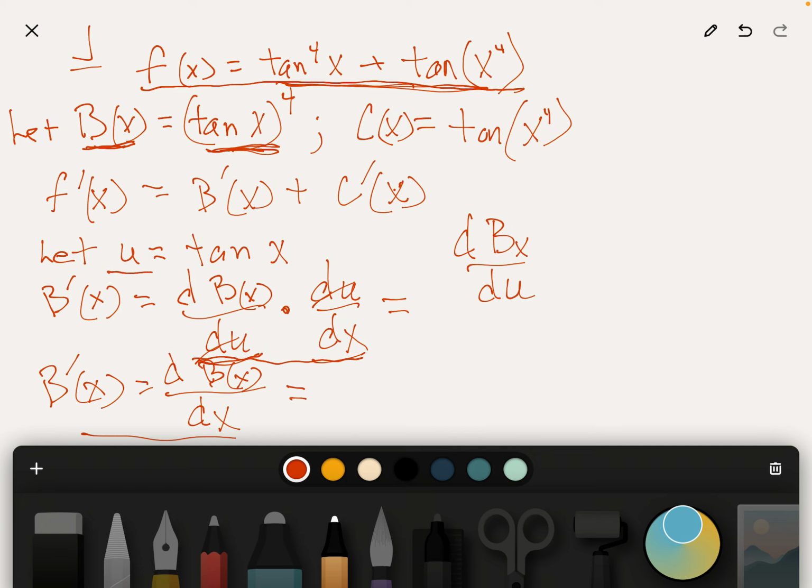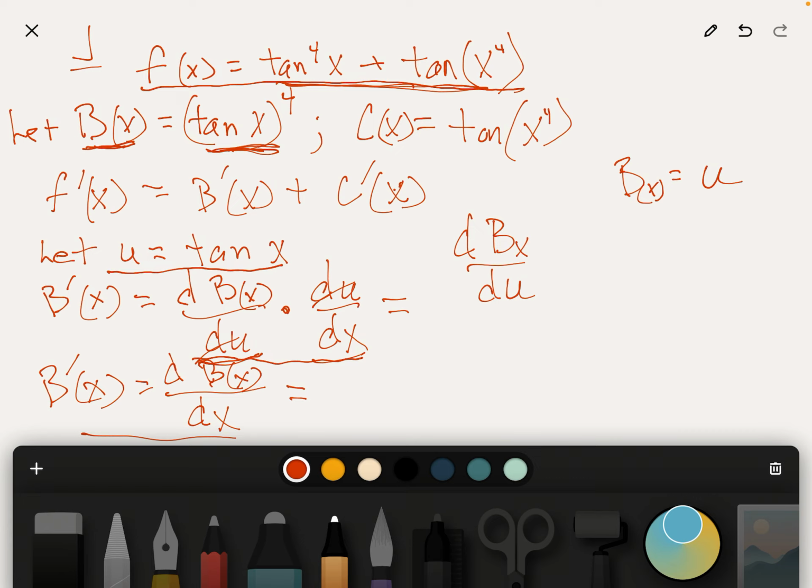Now that we've defined u this way, b of x simply equals u to the fourth, with the understanding that u is a function of x.